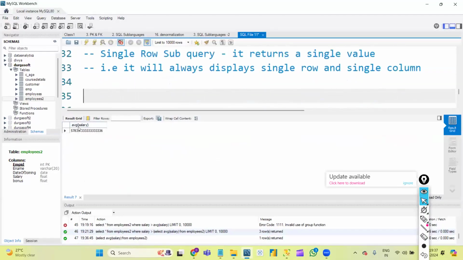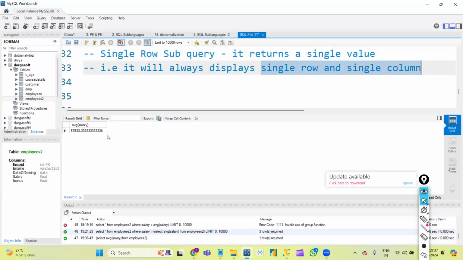Whenever we execute any subquery, if it returns a single value, that means if the output is a single value, it is called a single row subquery. As I already said, it will always display a single row and a single column.